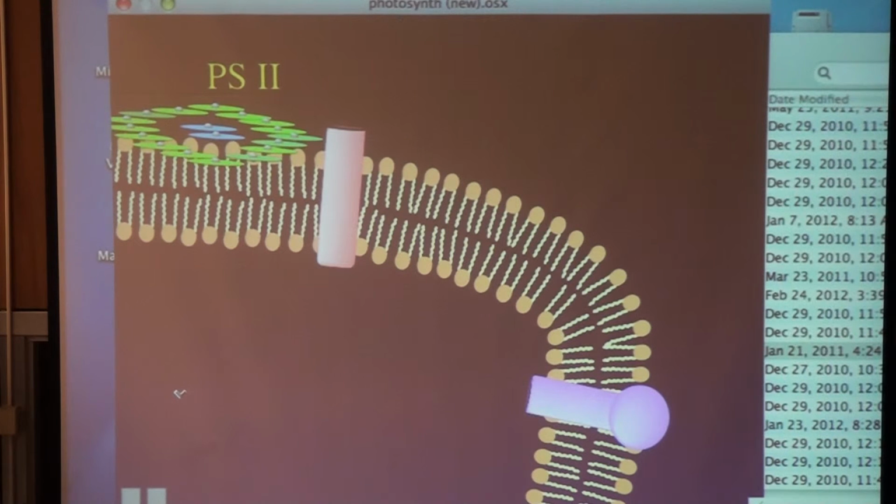So what we're looking at in this drawing right here is essentially a close-up of this region right there. But the molecules I'm going to be talking about, of course, are spread throughout the entire thylakoid. There's nothing special about this corner right here. I'm just using that for illustration purposes.